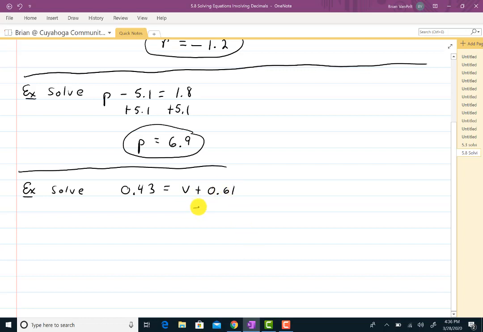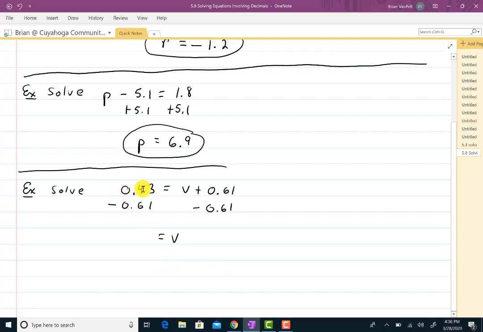So I'm going to subtract 0.61 from each side. And that will get v by itself. Another thing I want you to do while you're solving your equations is to keep your equal signs lined up. That way you'll have a clear definition of left side versus right side.